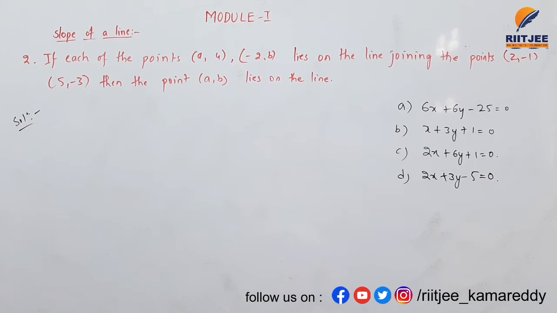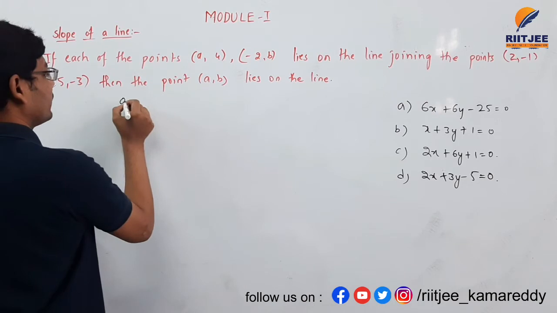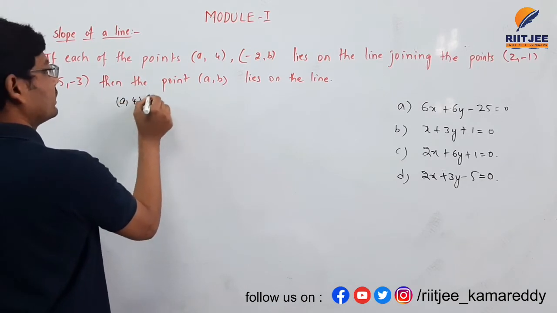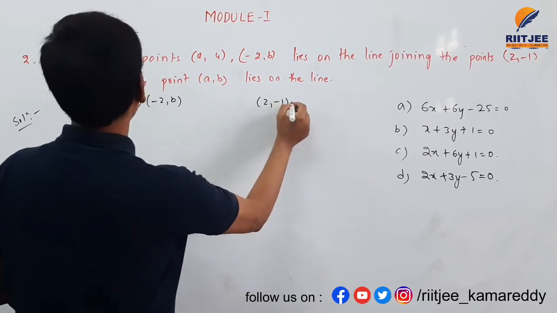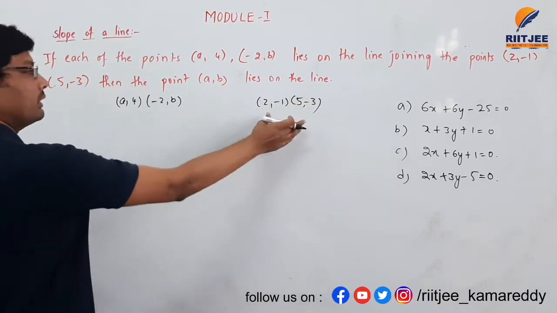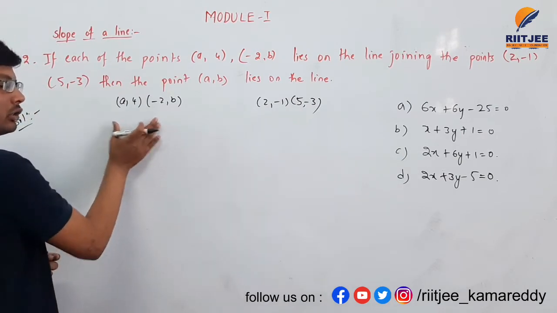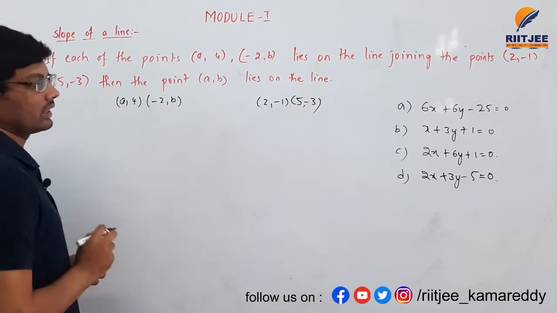Here I am taking the 2 points (2, -1) and (5, -3). From these 2 points we will get the equation. But here we have a and b values here.